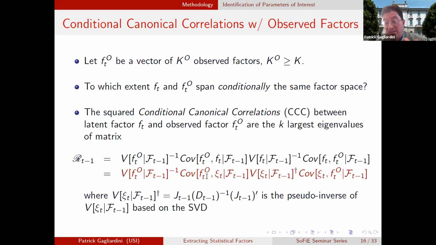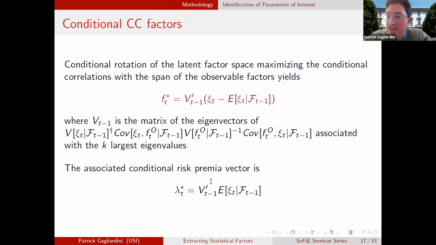And so this makes these conditional canonical correlations identifiable if I identify this conditional second moment of the portfolio returns and the observable returns. And by means of this conditional canonical correlation exercise, I get not only conditional canonical correlations, but also conditional canonical directions.